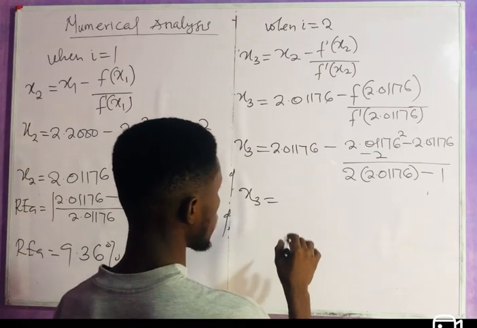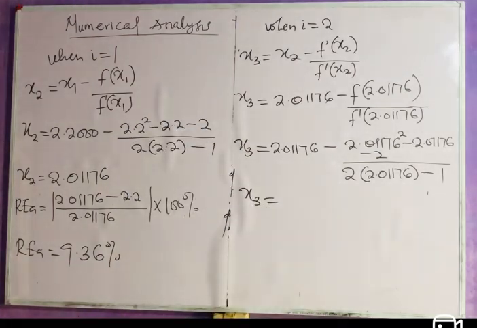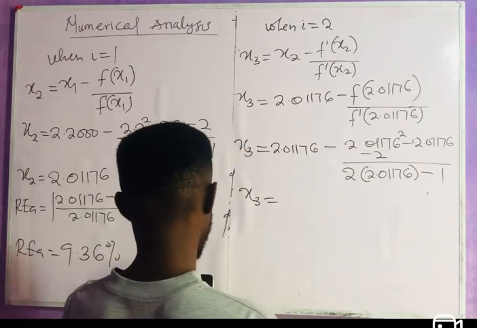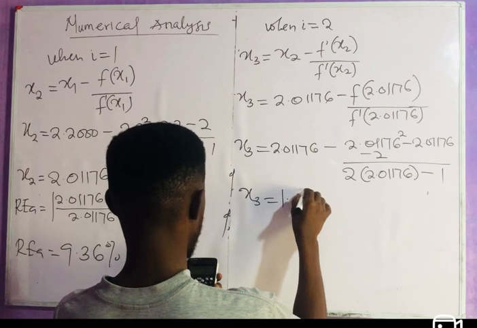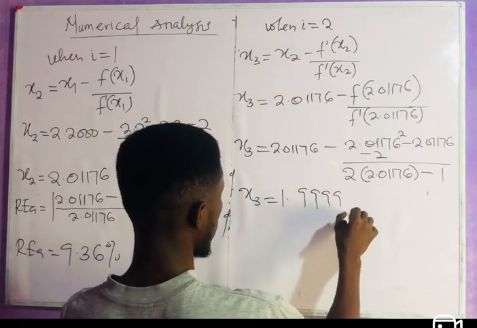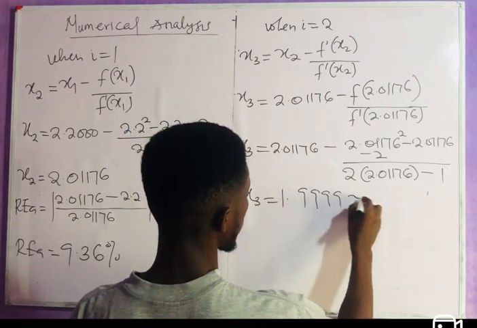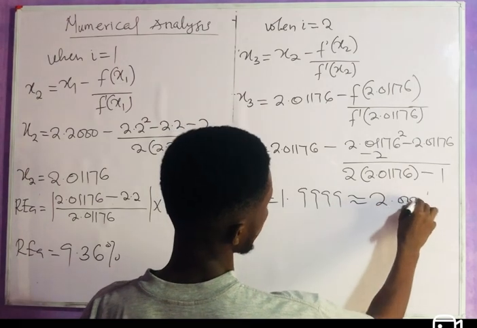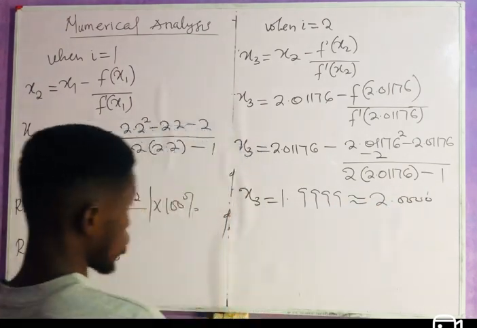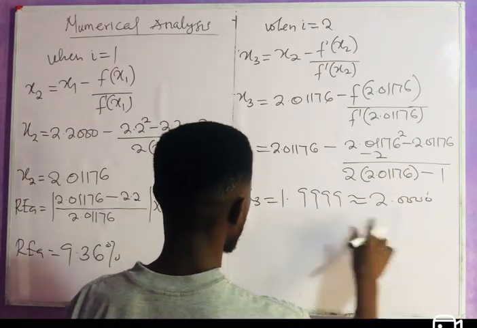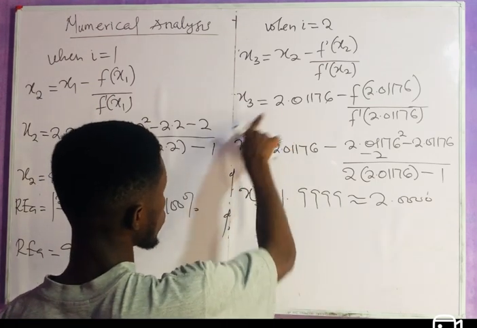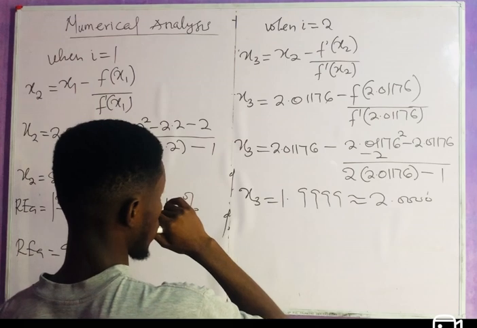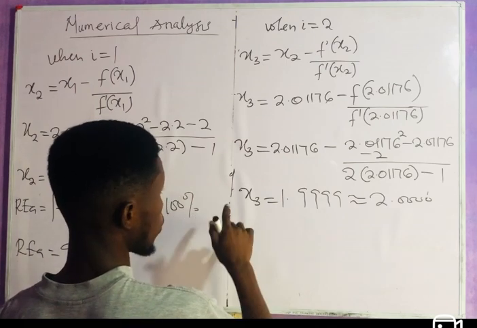And this will give you 1.9999, which is approximately 2.000. Okay, so now this is our x3. You can check the x3 and that of x2, they are not the same. So let's move on to the relative approximate error.